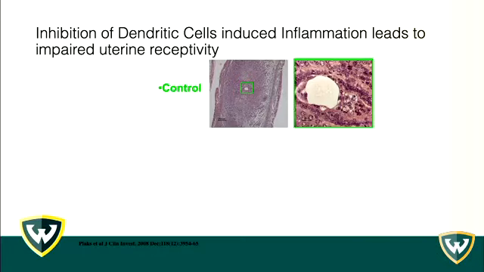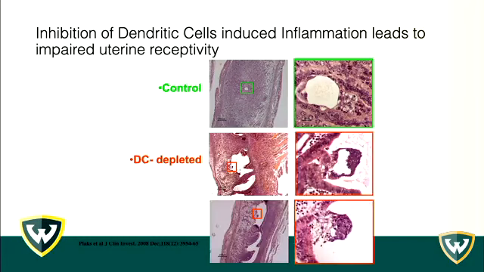We know that because of animal studies. What I'm showing you here is the blastocyst implanting inside of the uterus. When we remove immune cells like dendritic cells, antigen-presenting cells that are extremely important in triggering an immune response, in this case dendritic cells in the early pregnancy, they are responsible for changing the inflammatory milieu. Those dendritic cells act in the surface epithelium of the uterus and help the blastocyst to implant.